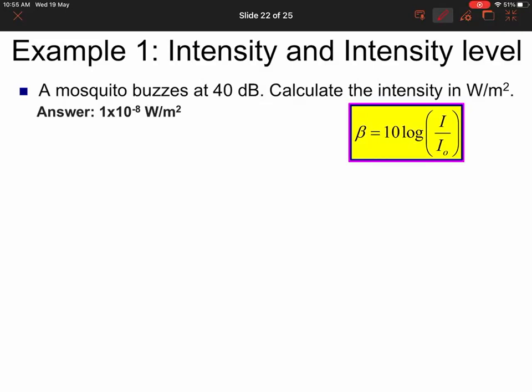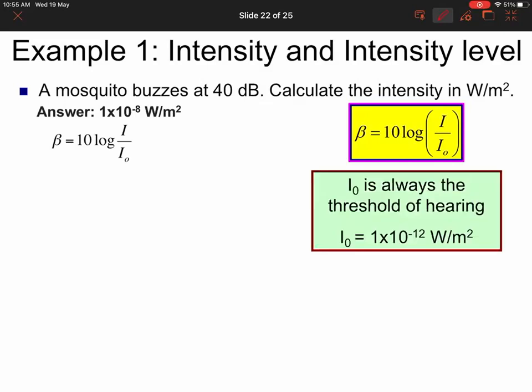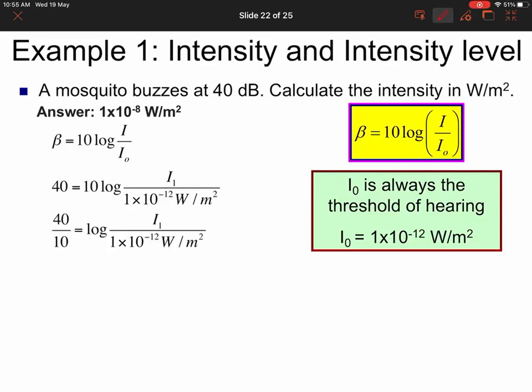So you have to get rid of this 10 first by dividing both sides by 10. And I naught is always 1 times 10 to the minus 12. So you need to divide both sides by 10 first in order for log to be just by itself on one side of the equation.